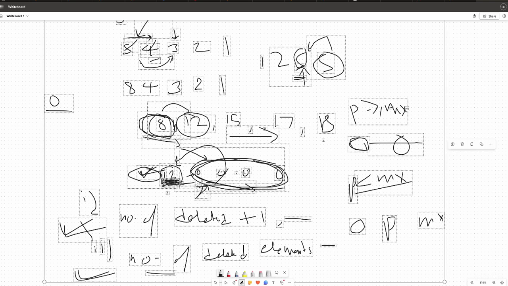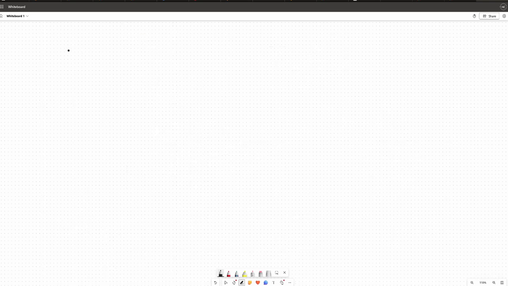Let me clear this clutter. How did I reach this conclusion? If p is greater than or equal to max, we just print the number of deleted elements, and if p is less than max, then we print number of deleted plus 1.